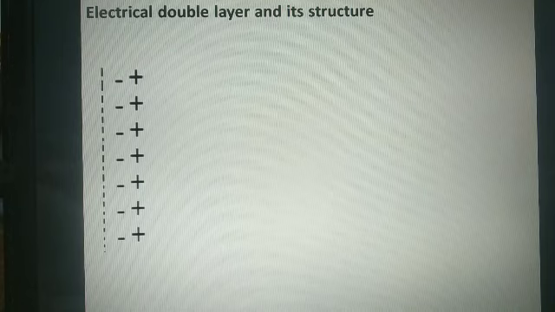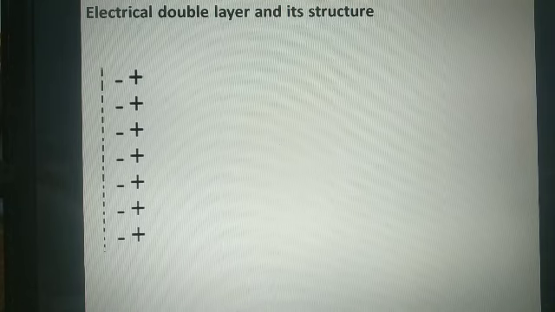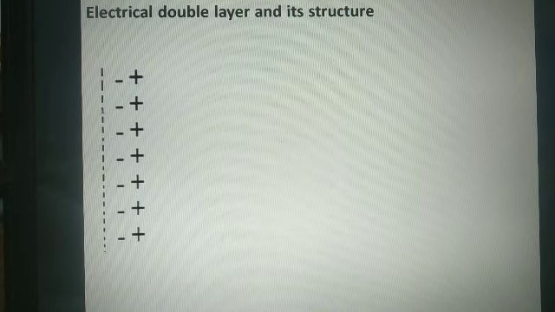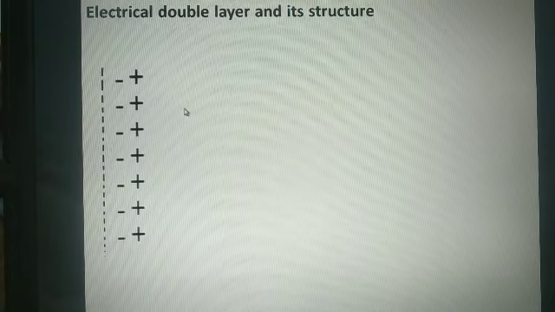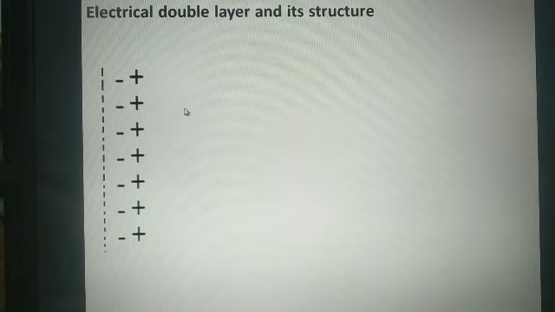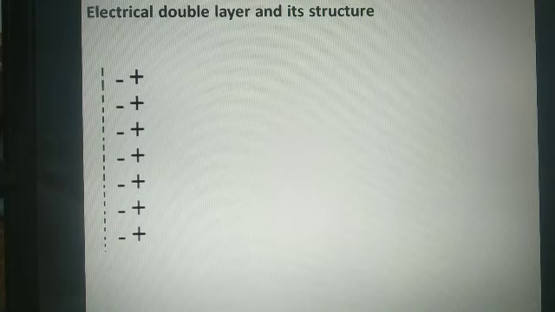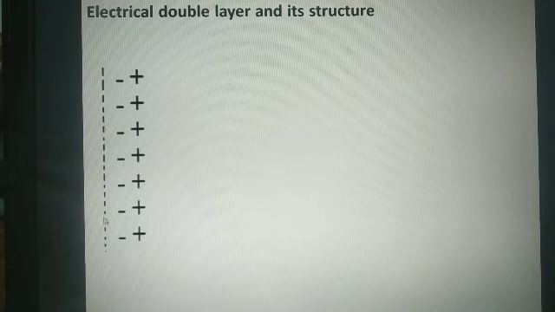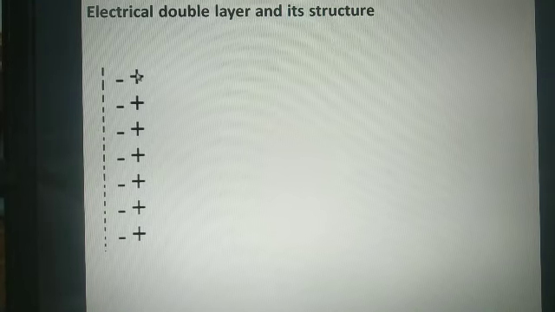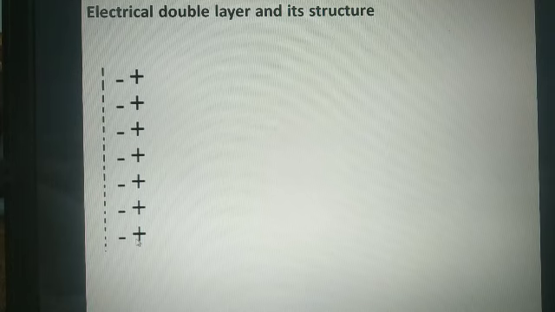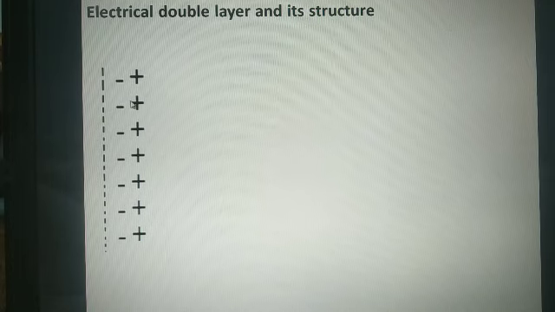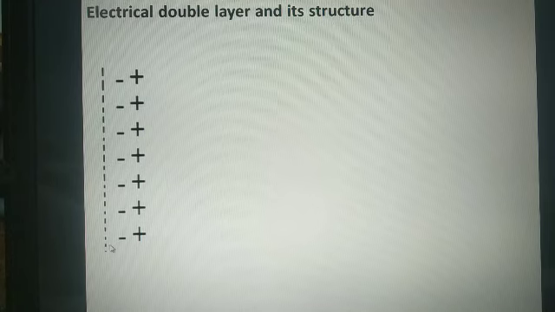Let us discuss in detail the electrical double layer and its structure. This is the porous membrane or diaphragm that is separating the two liquids. Toward this side one liquid, toward this side another solvent. Sorry, both are similar solvents, but they are separated by the porous material or porous membrane. That is the existence of the electrical double layer. Why does it exist? We have discussed that every material has a thermodynamic probability to go into solution.